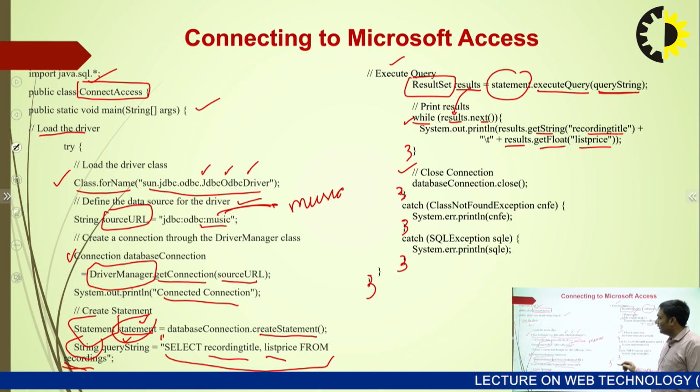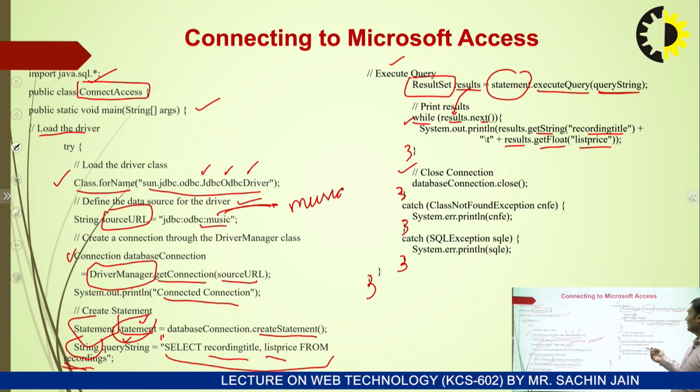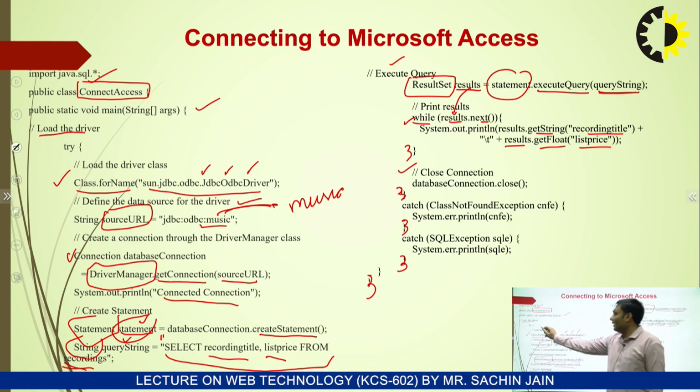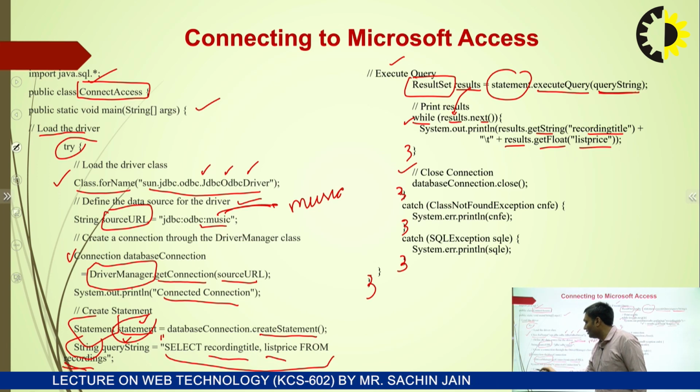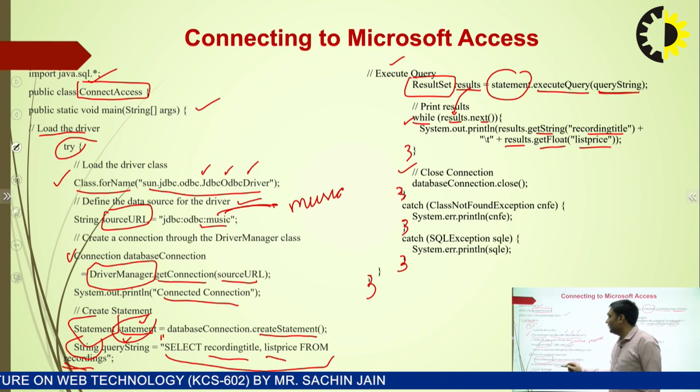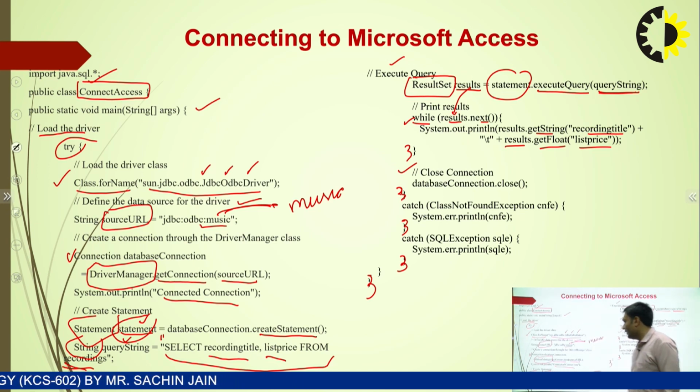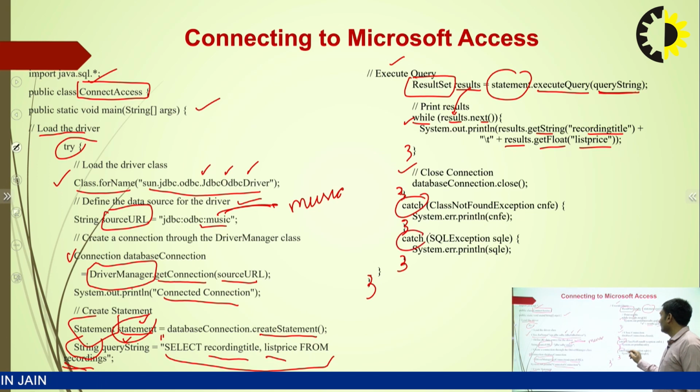So in this way we can connect our application to the database, and there may be some exceptions. So I put a try and catch block inside the program, the try block here and the catch block here.